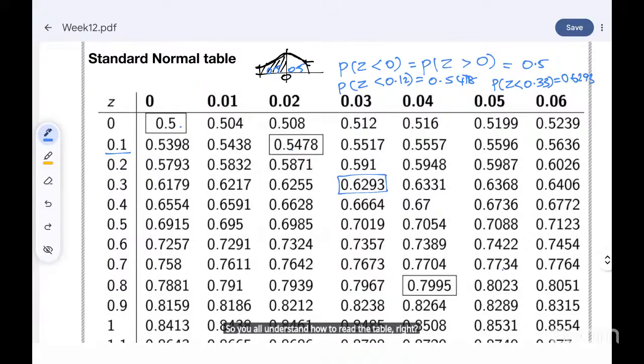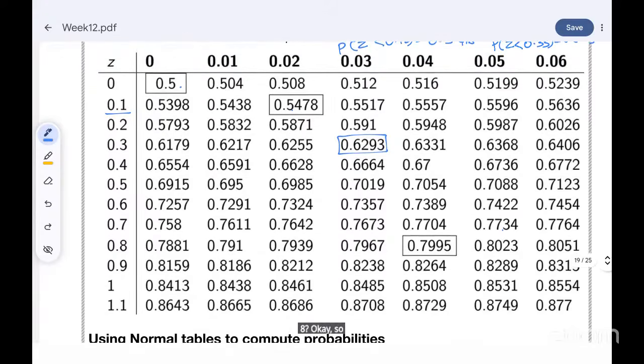Now, what is probability of z less than 1.05? 0.8531. Yes, 0.8531.